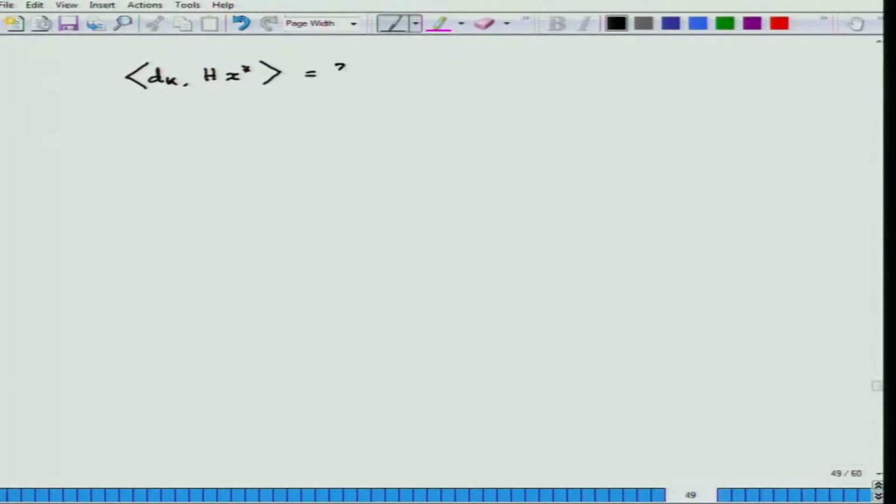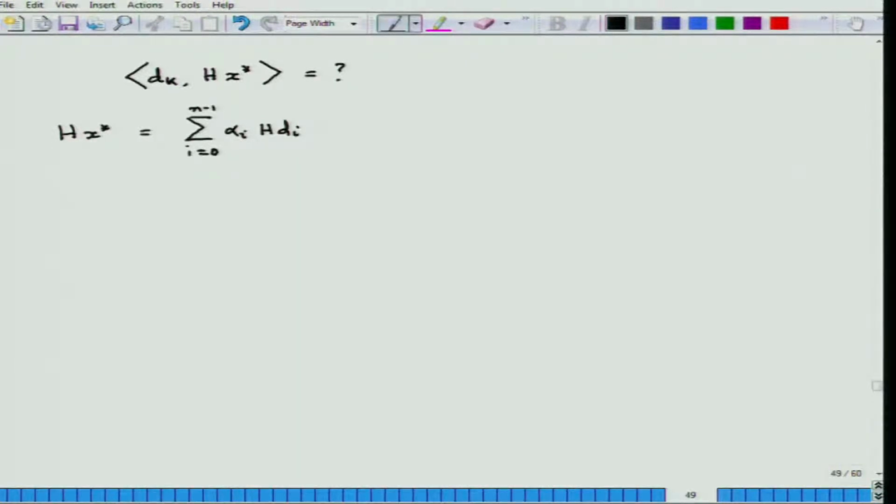So, we will ask the question, what is this? Now, h of x star, by simple rules of matrices or linear operators, is nothing but h of that. I hope everyone would agree. You could put i equal to 1 to n also, it does not matter.